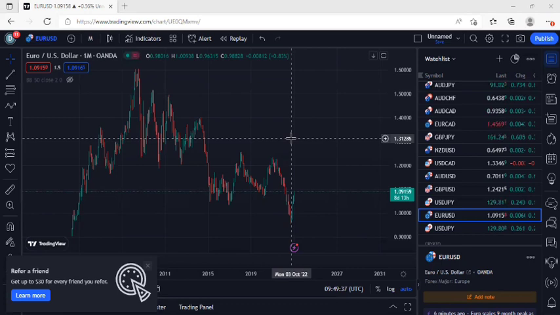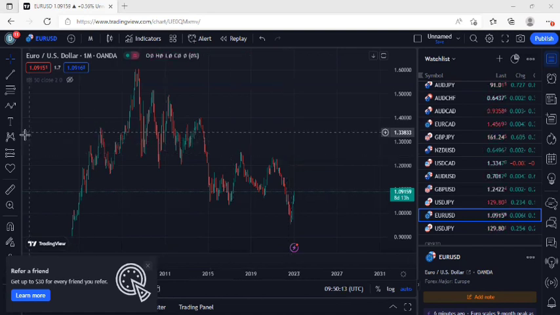So you need to have a perfect understanding of market structure to be successful in Forex trading, as it will give you an edge in the market. As a Forex trader, before you think of buying or selling, the first thing you must do is study the structure of the market for direction.